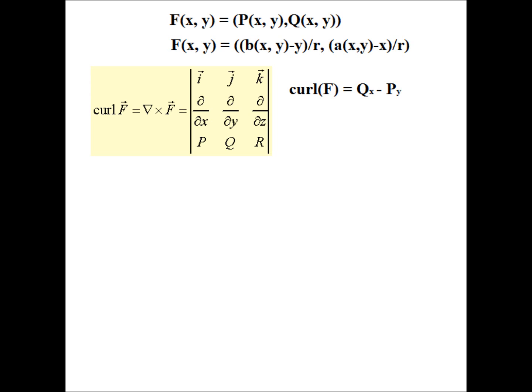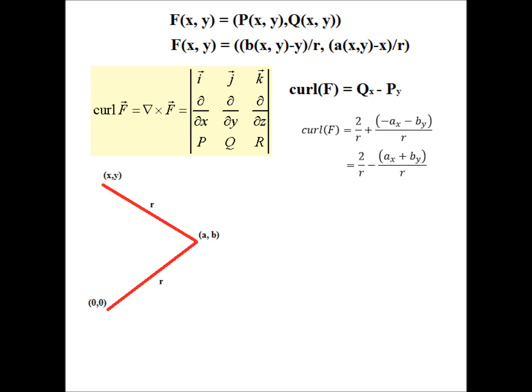If we use the second equation from above, we can find that curl to be equal to 2 over r plus negative a partial x minus b partial y over r. And so if we look at our planimeter and change the sign of this equation, we're just looking for a partial x plus b partial y, because that is the arbitrary point that we picked between x, y, and 0, 0, r away from both.